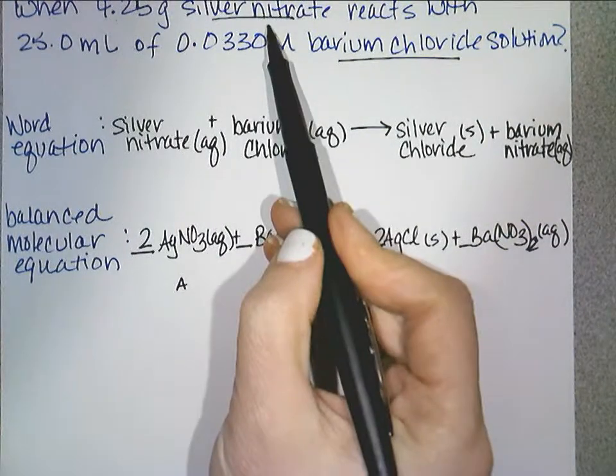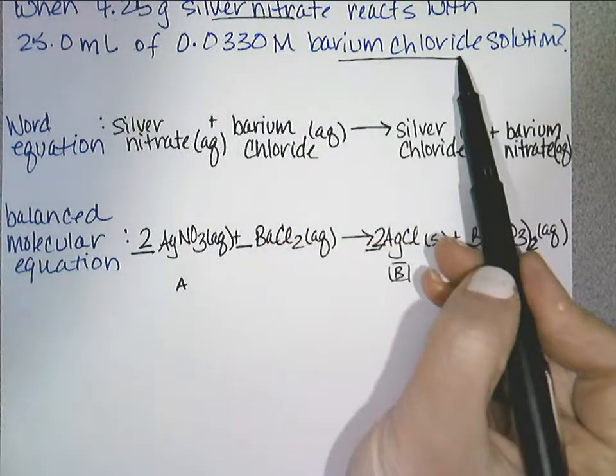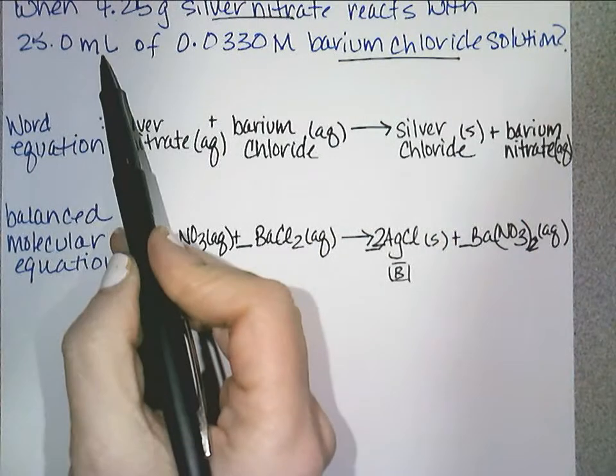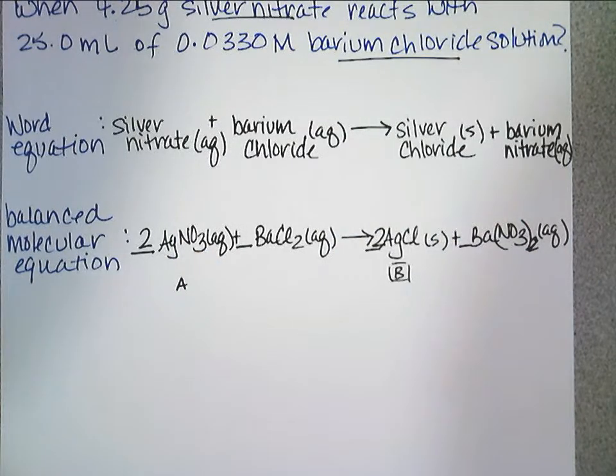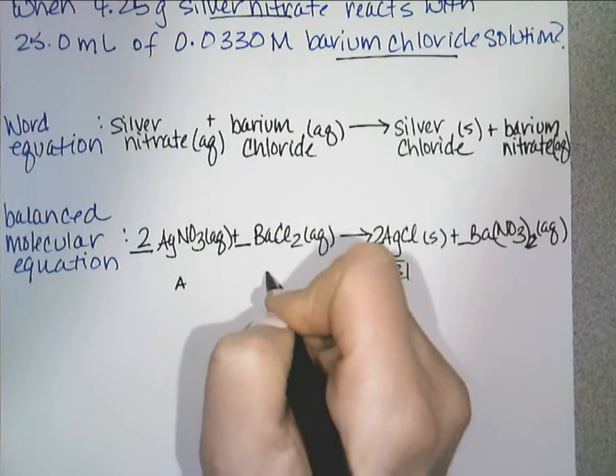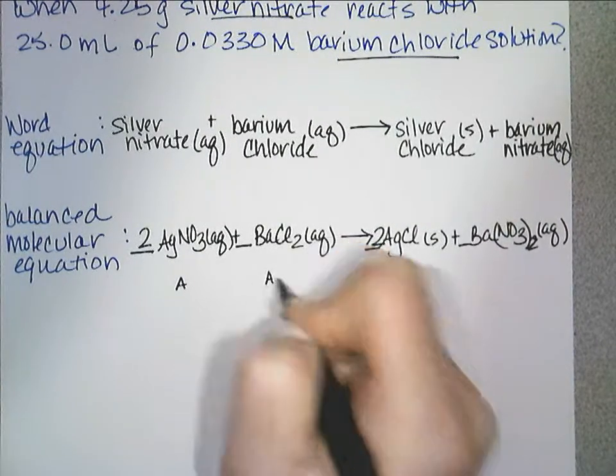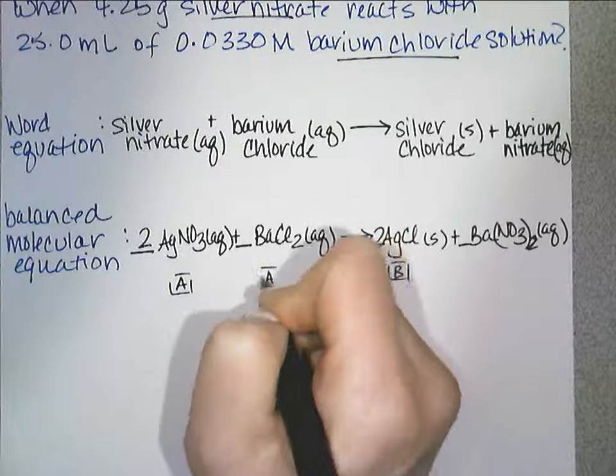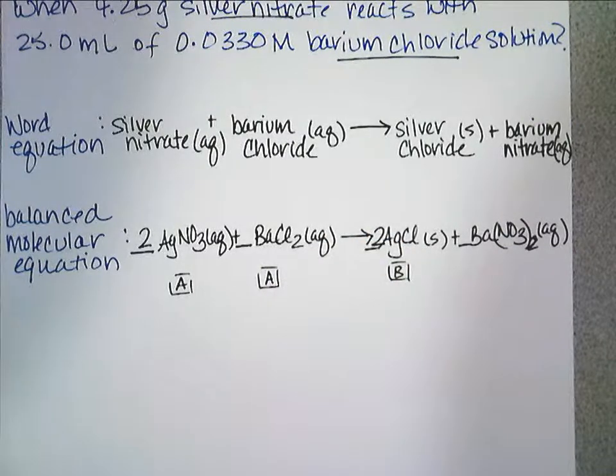We have another quantity here, 25.0 milliliters of barium chloride, that needs to be converted. And so this is going to be our other A substance. So we have two A quantities we're going to convert.